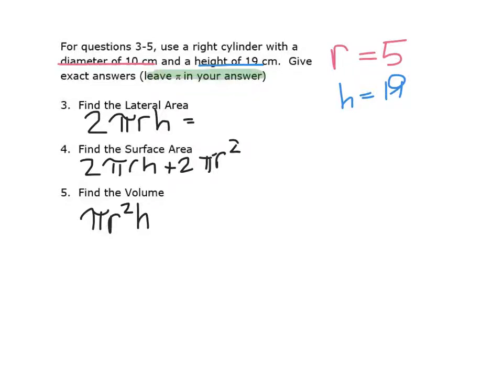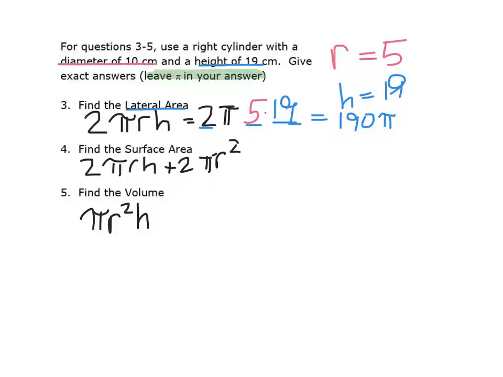So for the lateral area, we're going to take 2 pi, multiply by the radius as well as the height. So 2 times 5 is 10. 10 times 19 is going to be 190. And we leave our pi in our answer. That is the lateral area.